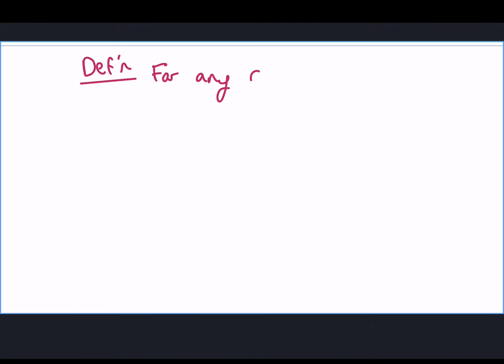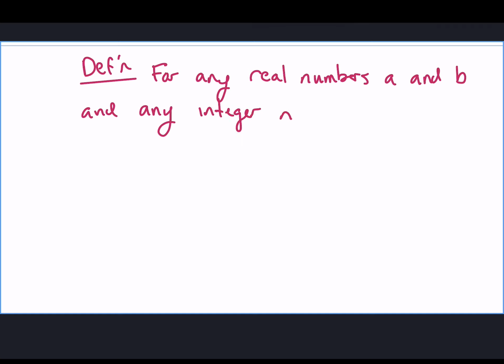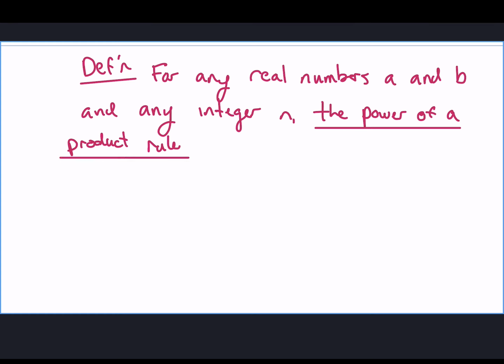For any real numbers A and B, and any integer n, the power of a product rule states that A times B, a product, that's what a product is, two things multiplied together, right?